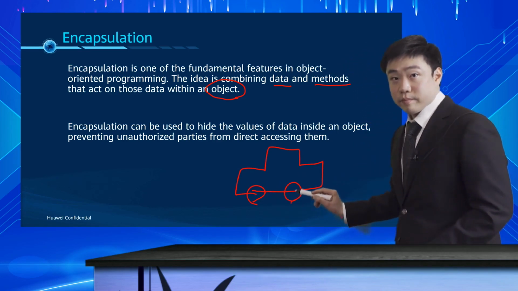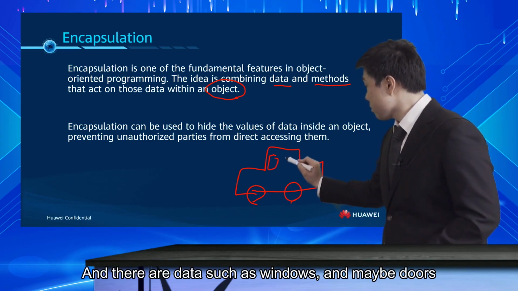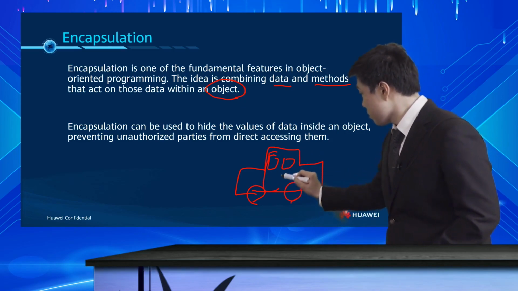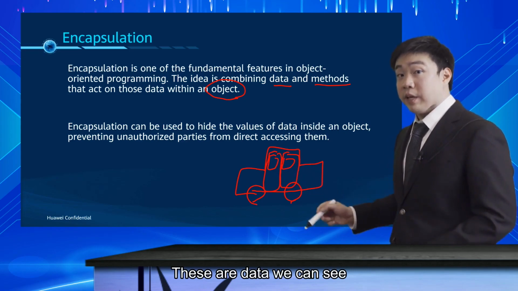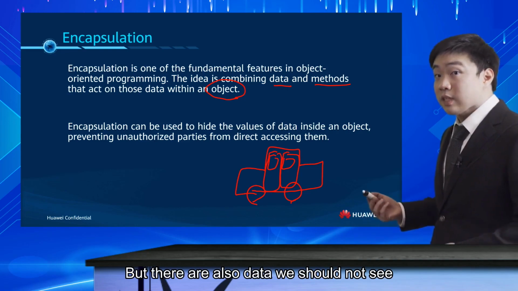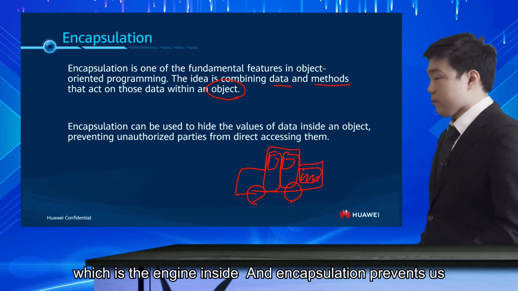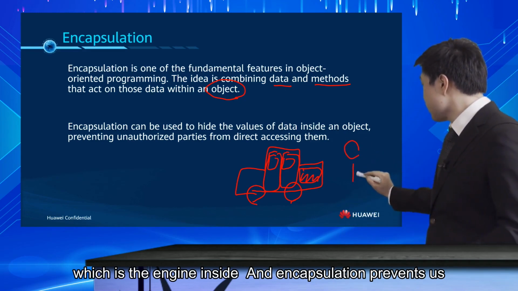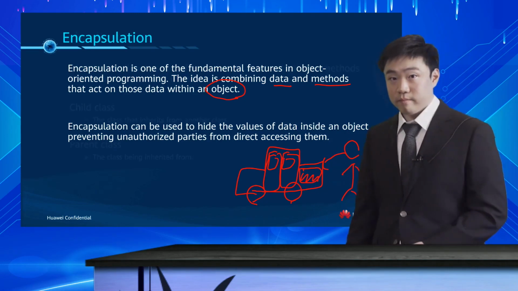There are data such as windows and doors, which we can see. But there are also data that we should not see, which is the engine inside. Encapsulation prevents us from seeing these data. We cannot see the engine.